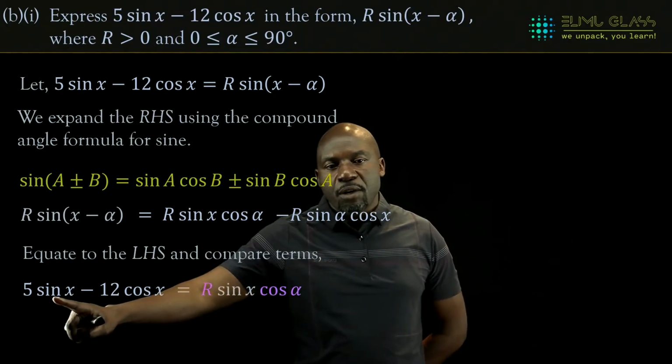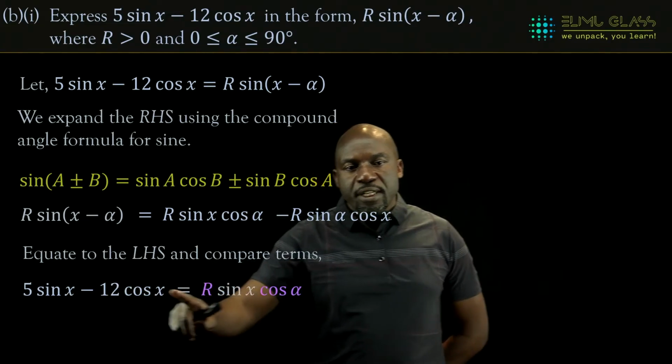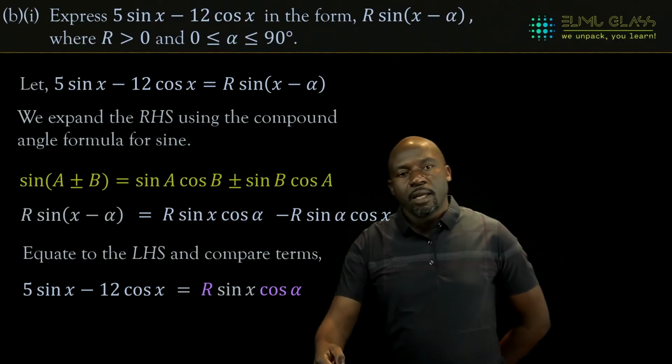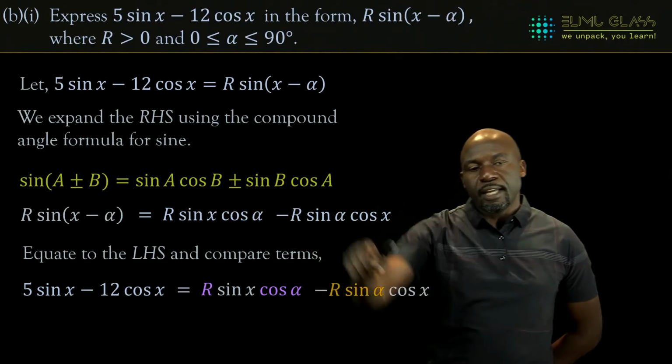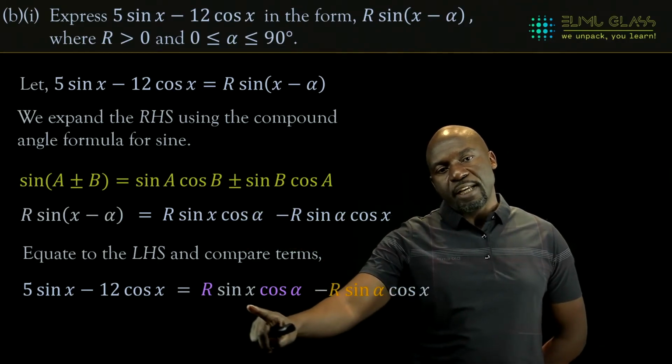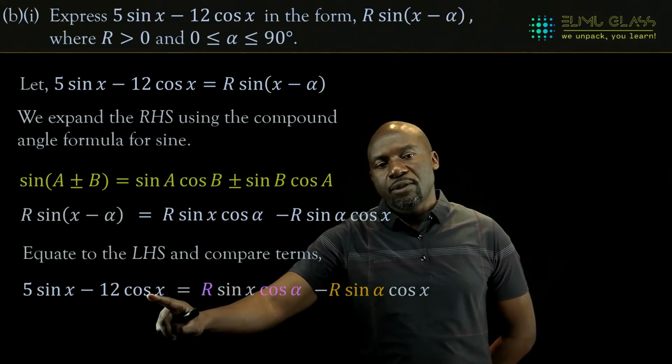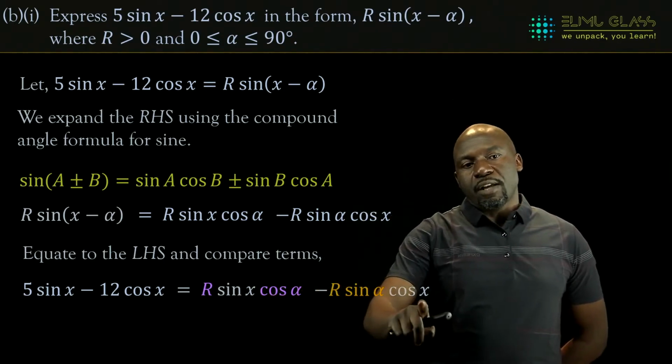So the first term here contains sine x. We look for the term containing sine x here, which is this one here. All right, I'm writing back that there. So the first term contains sine of x. Sine of x is here. The second term contains cosine of x. Cosine of x is here.